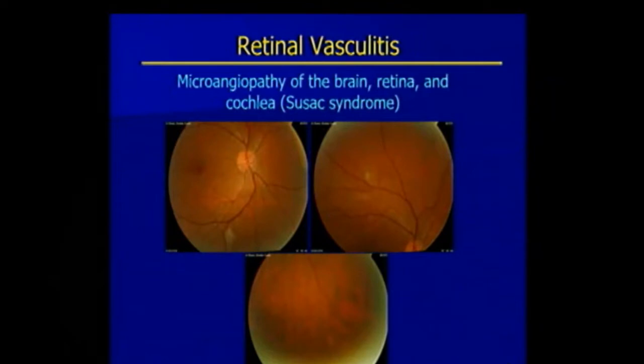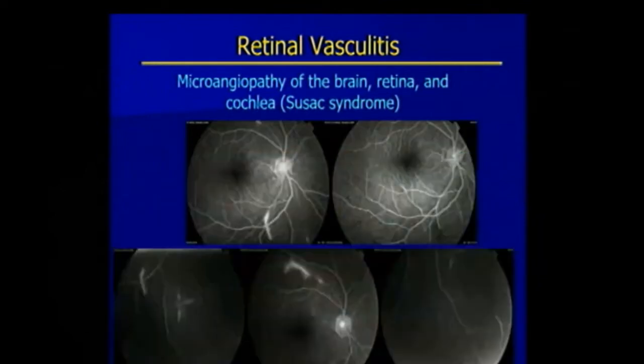This is a patient who was referred to us from neurology. What we could see is that the patient has multiple cotton wool spots. Is that clear? The patient, in fact, was admitted to the neurology department with a possible diagnosis of MS. I'll tell you why. When we did fluorescein angiography, you see large segments of retinal arterioles occluded.